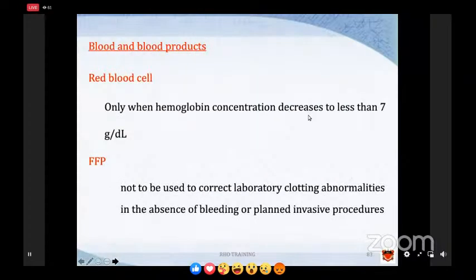Place of blood transfusion. If the hemoglobin is less than 7, you need to think of giving blood because the oxygen delivery to the tissues has to be optimized. FFP: you are not treating the lab reports. Unless the patient is showing any evidence of bleeding, you don't treat lab reports, and you wait for the correction.